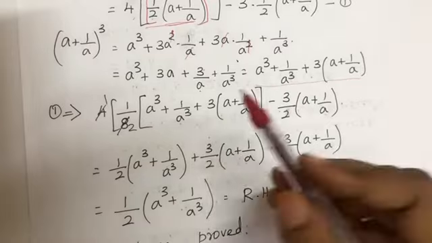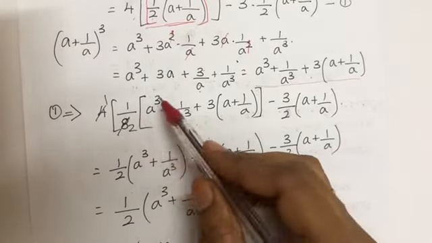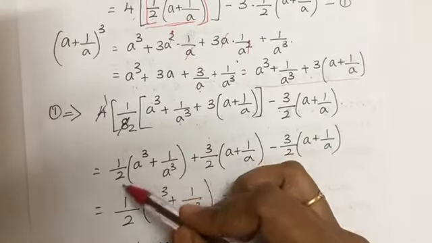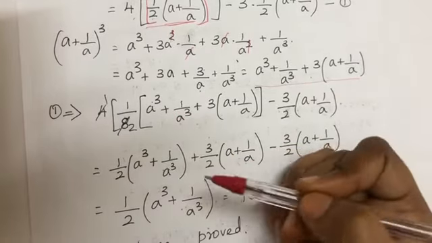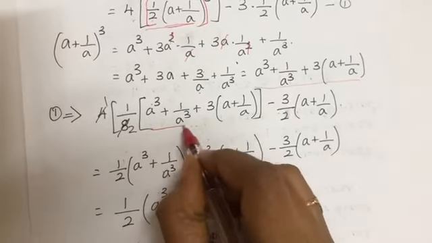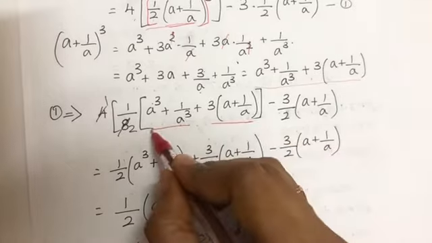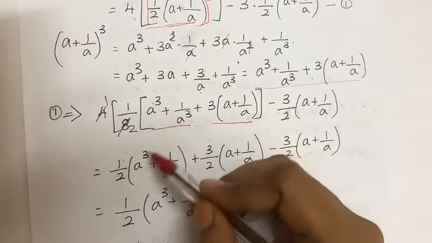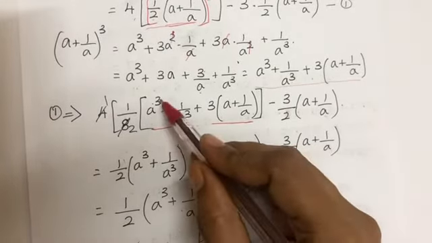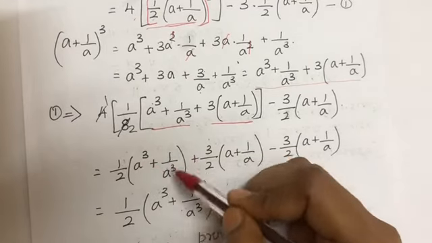So, while multiplying it inside, this will become half into A cube plus 1 by A cube. This 1 by 2 is common for both these two terms, isn't it? So, this will become 1 by 2 into A cube plus 1 by A cube.